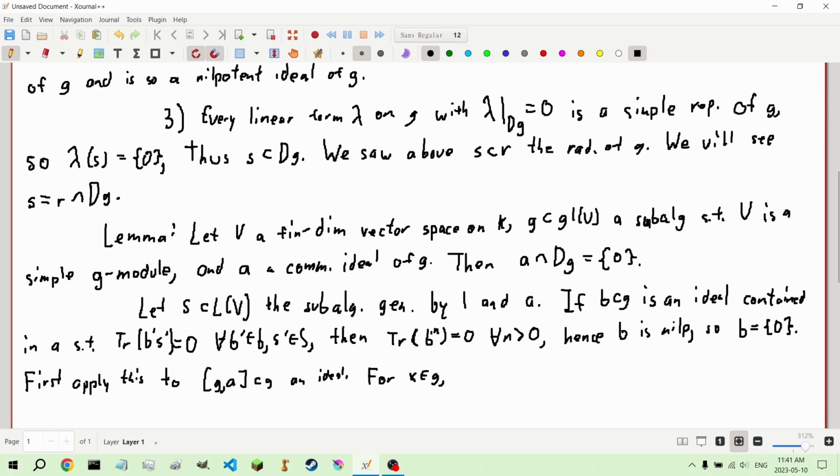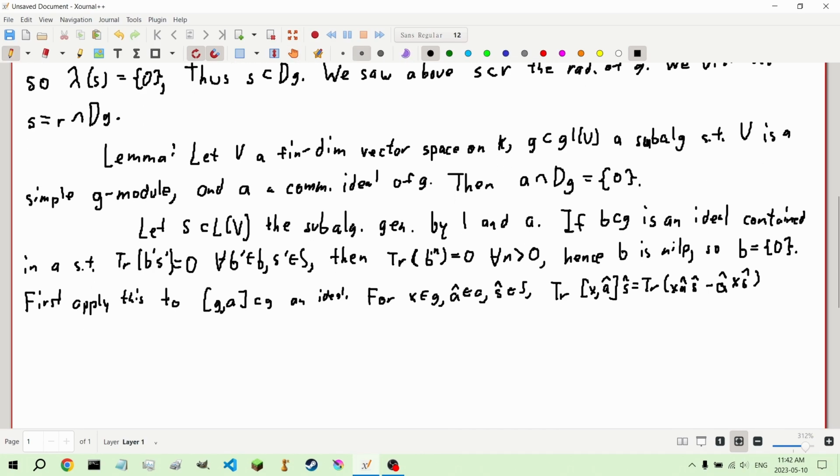For X in G, A hat in A, S hat in S, the trace of the bracket of X and A hat times S hat is equal to the trace of X A hat S hat minus A hat X S hat, which is equal to the trace of X times (A S minus S A), which of course is going to be equal to 0 since AS is SA.